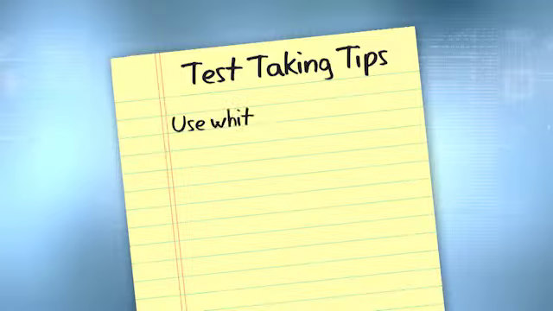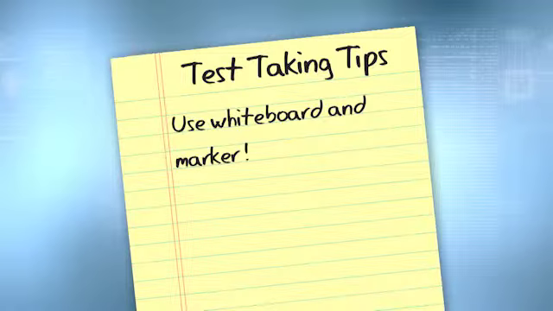Here's another test tip for us. Use whiteboard and marker. When you check into the test center, ask the folks behind the counter to give you a whiteboard and marker. And then I want you to use that whiteboard and marker as you work through the exam. Don't try and do things in your head. If there's some type of math question you need to do, use the whiteboard marker. Put the information down on the whiteboard.